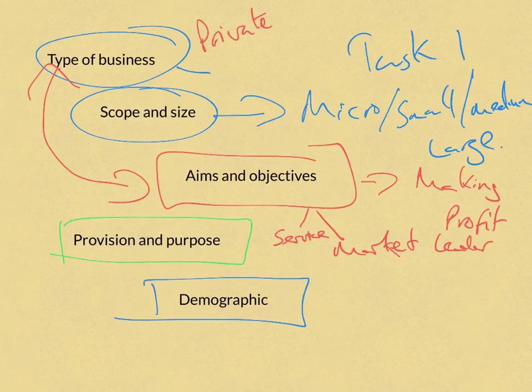And then finally, demographic. Personal trainers don't tend to be free. They tend to charge a fee to the customer. So what demographic, if you think about it logically, if you're in a poor socio-economic area, the likelihood of you having a high level of income from the private sector may be reduced.